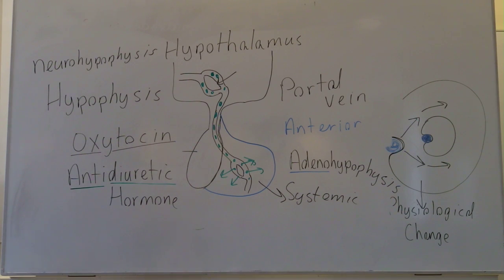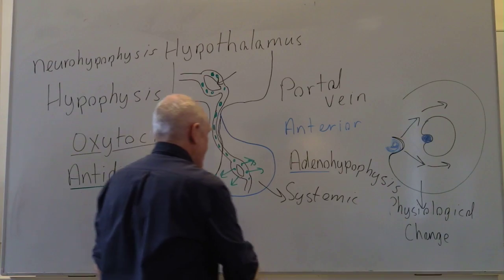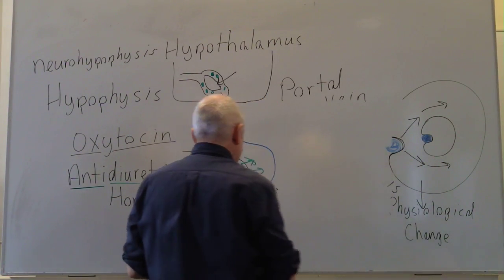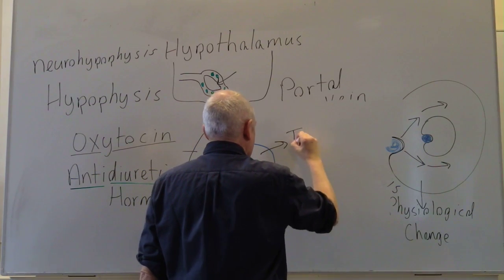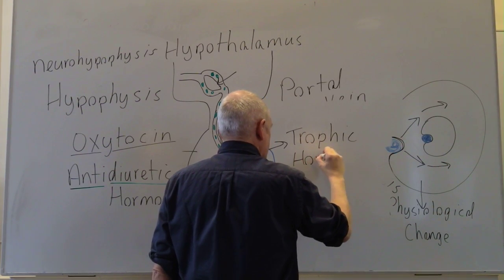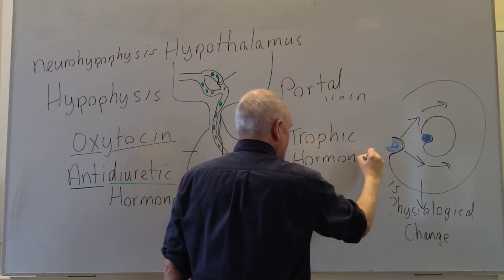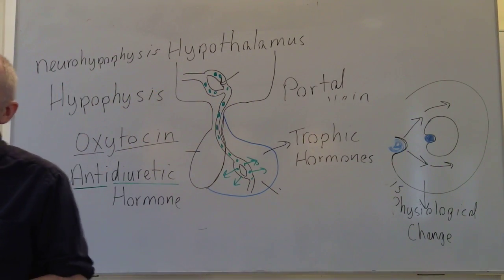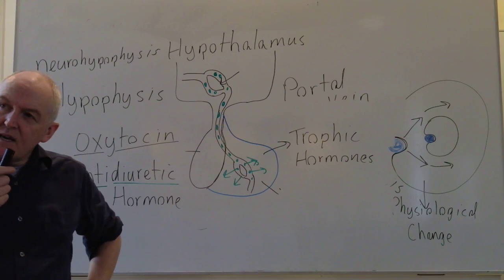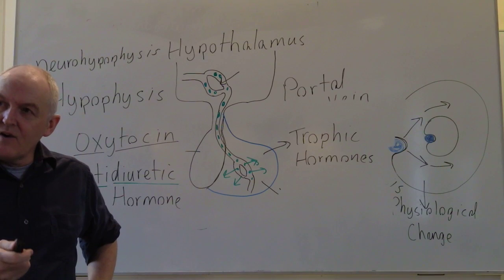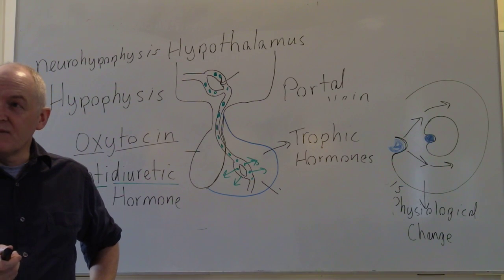And the hormones that the anterior lobe of the pituitary gland produces are collectively called trophic hormones. The hormones that are produced by the anterior pituitary gland under the influence of releasing hormones from the hypothalamus are called trophic hormones.